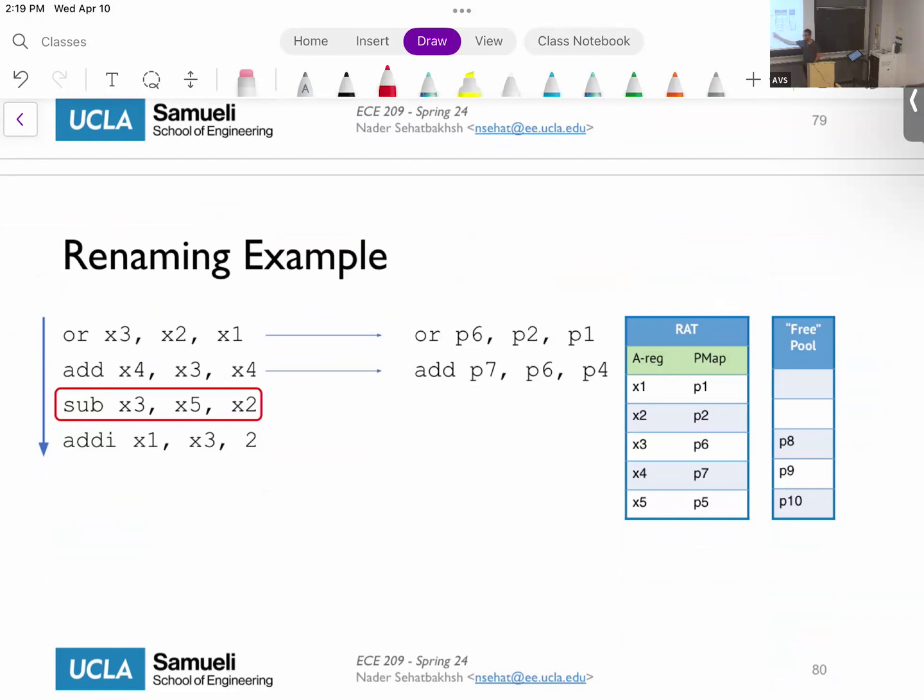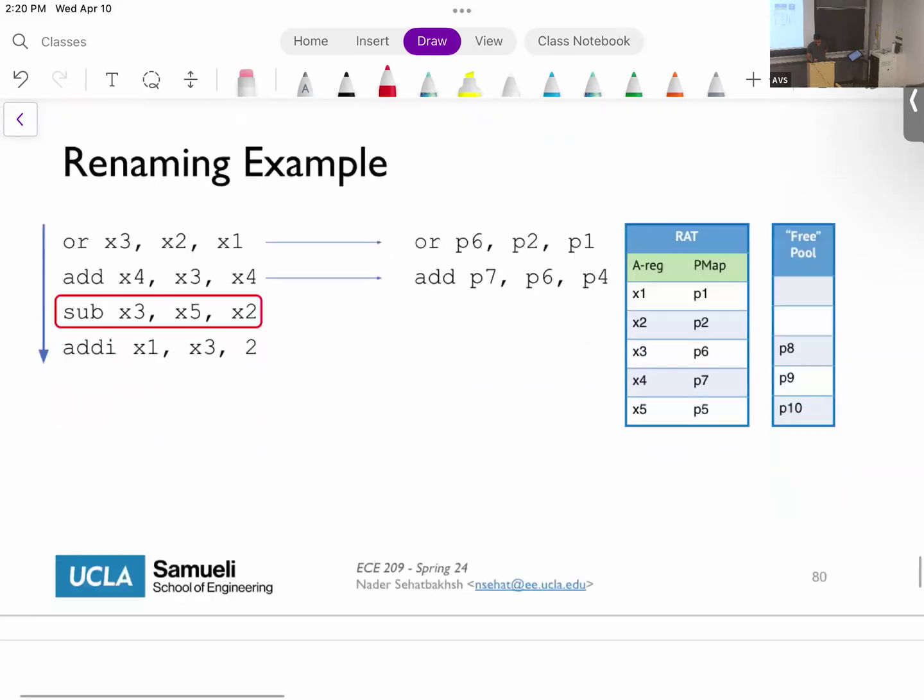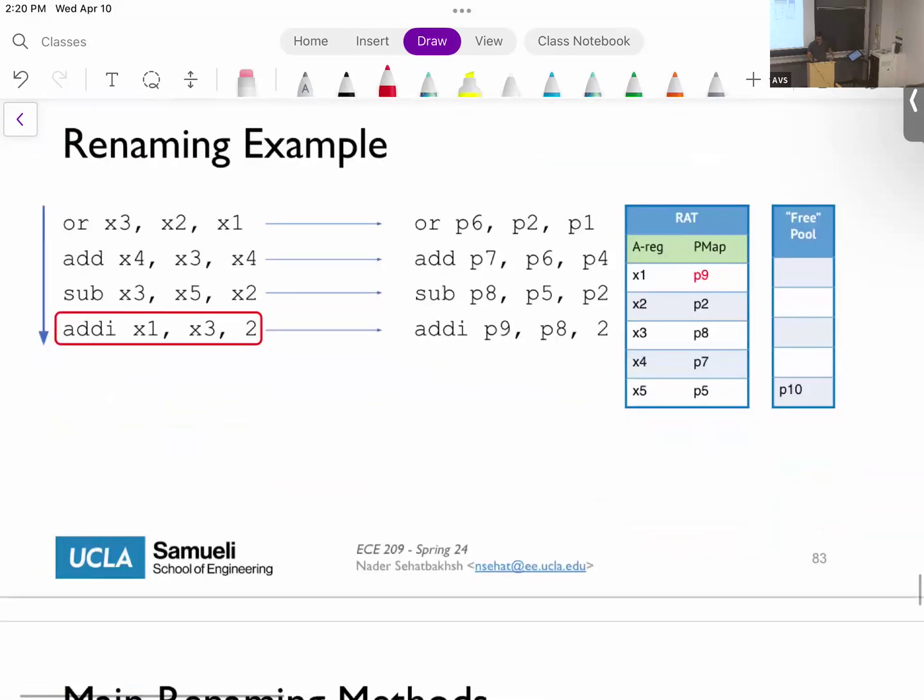How do you do the renaming for these next two instructions? All right, so the answer to both is going to be something like this, right?